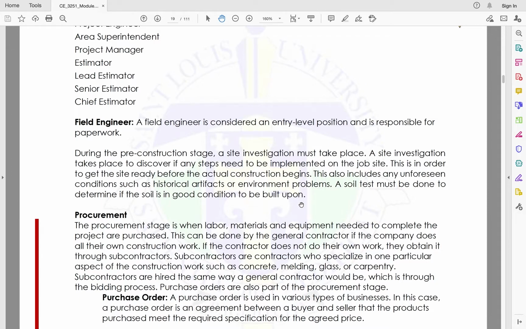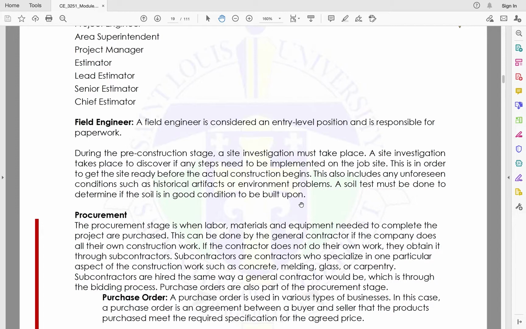Okay, so a part of the pre-construction phase is a site investigation. In a site investigation, we are going to check the condition of the site. There might be factors that need to be corrected, for example, obstructions, like big rocks that need to be cleared before we start our construction.